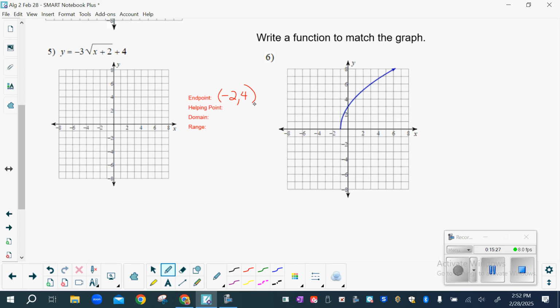What do I add to 2 to get 4? 2. So 2 plus 2, plus 4. So I get square root of 4, plus 4. And then what do I get for the solution? -2, yep.